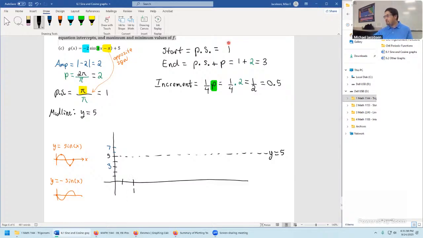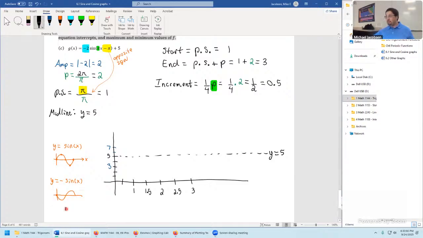That's where the start is. And wherever we are, we add that same increment value, 0.5. So here it's 1.5. Here it's 2. 2.5. 3. We end right at 3, so we have the 5 tick marks that we need to plot this curve. We're just about done.